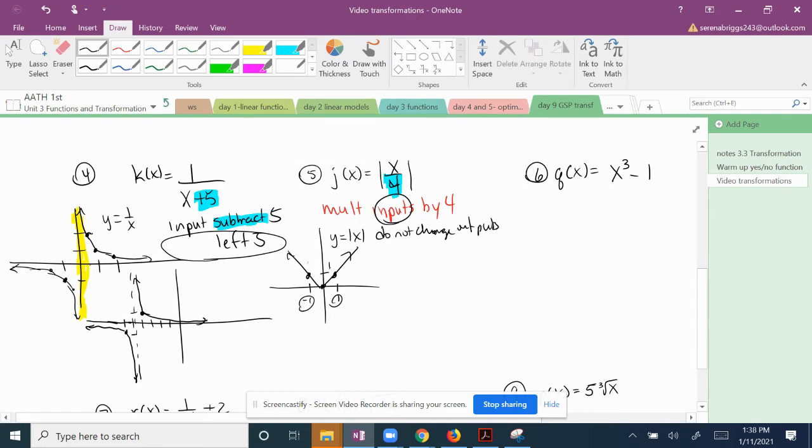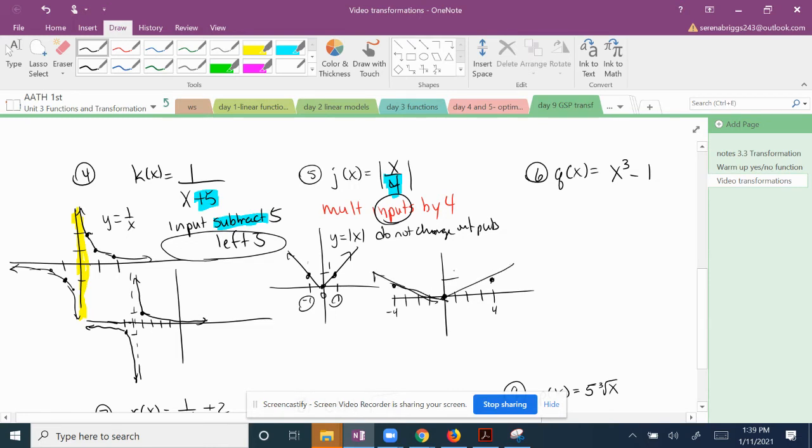They stay the same. They're going to be 1 and 0. So 1, 2, 3, 4, still 1. 0 multiplied by 4 is still 0. -1 multiplied by 4 is -4. But the outputs don't change.